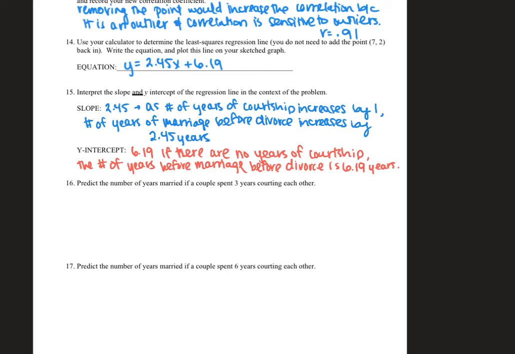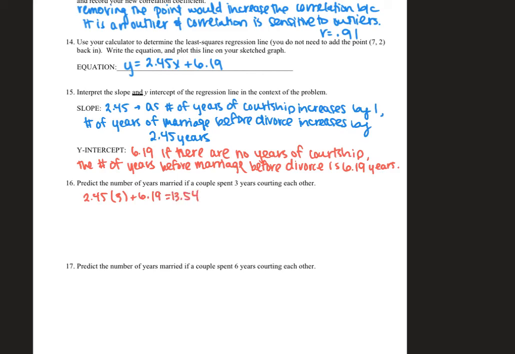All right, number 16 says predict the number of years married if a couple spent 3 years courting each other. So we're just going to plug in 3 for x. So 2.45 times 3 plus 6.19. You get 13.54.